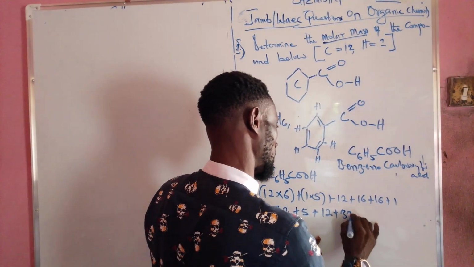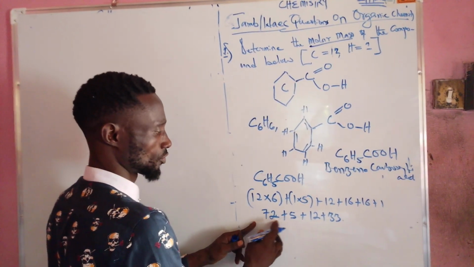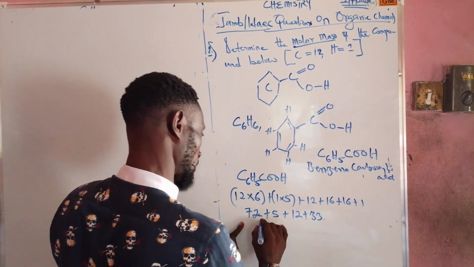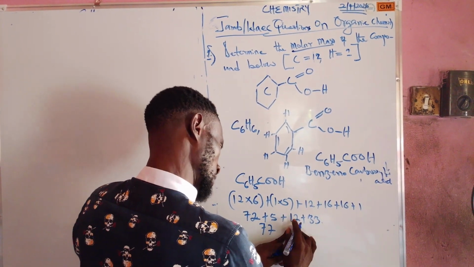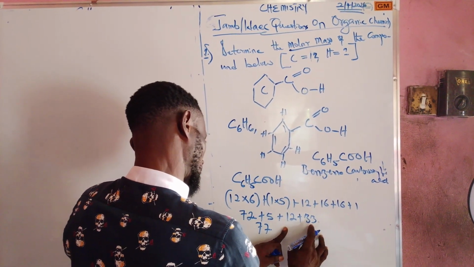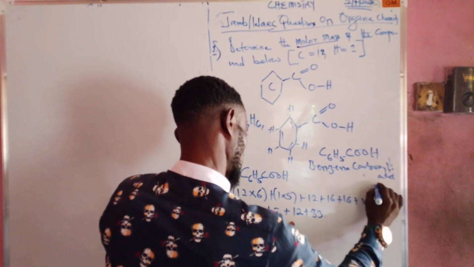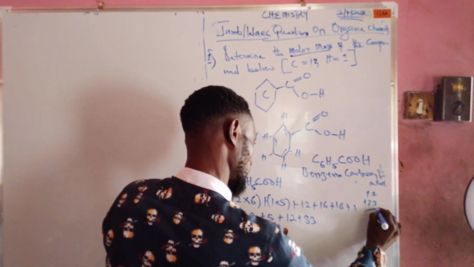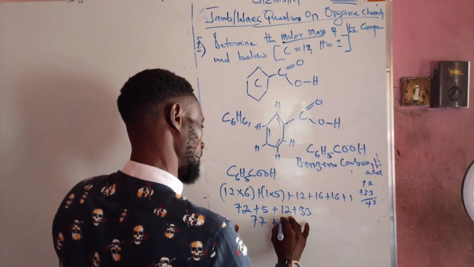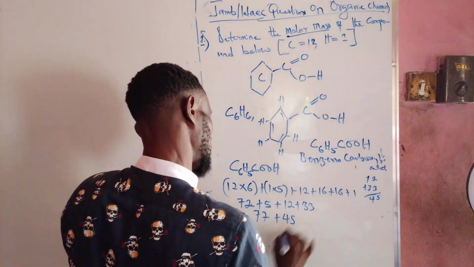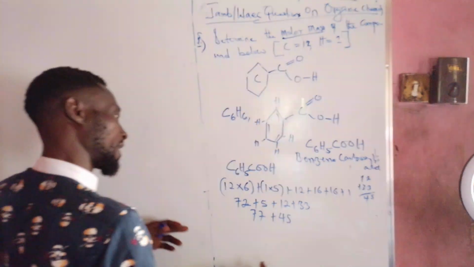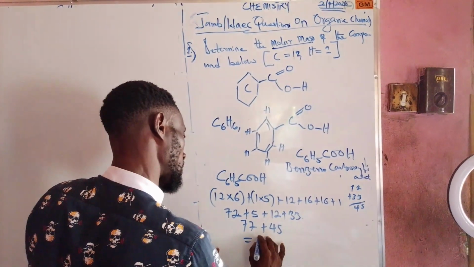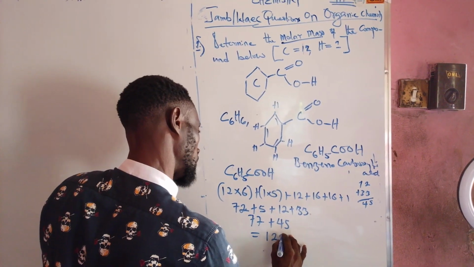Then at this point you add 72 plus 5, which will give us 77. Then you add 12 with 33, which will give us 45. Then of course 77 plus 45 will give us 122.